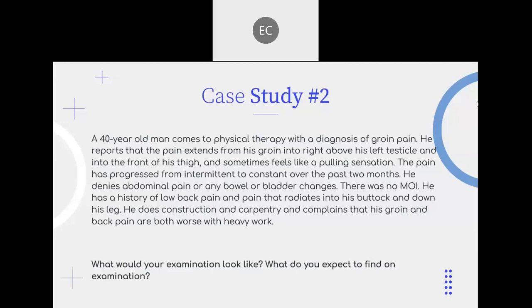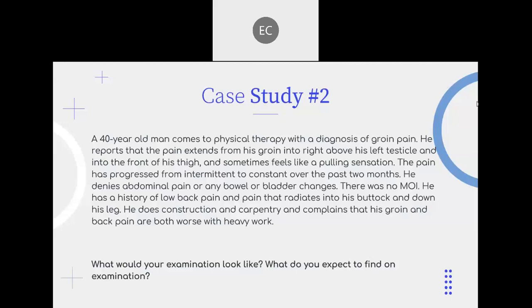And checking the erector spinae since his posture is kind of poor. Spinal mobility, so basically just PAs, maybe that sacral thrust, tissue irritability, and the inguinal canal, spermatic cord, pubic symphysis, piriformis, pelvic floor, manual muscle testing of the hips for sure, and the core, range of motion of the axial spine, and some special tests.